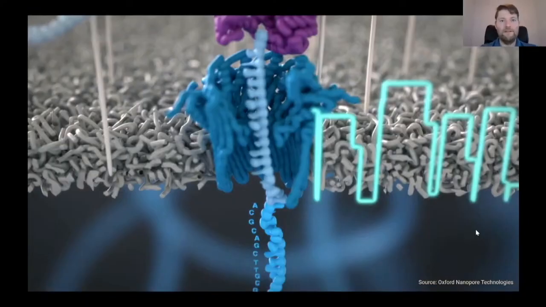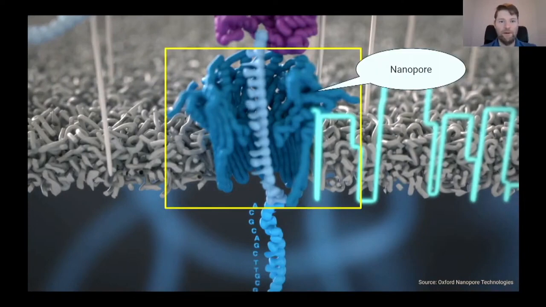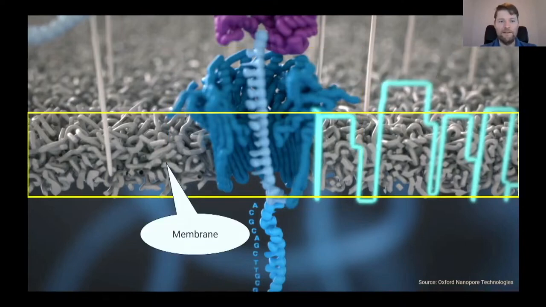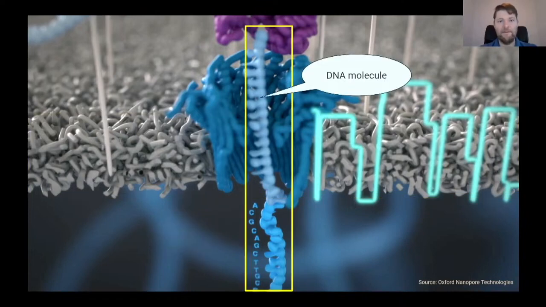This is a 3D rendering of the nanopore. The dark blue blob in the middle is the nanopore itself. It's embedded into a membrane, and the membrane separates 2 chambers, kind of like a membrane in a battery. The DNA molecule is designed to slip through the pore from one side to the other. You start out with DNA only being on one chamber and then moving on to the other chamber.